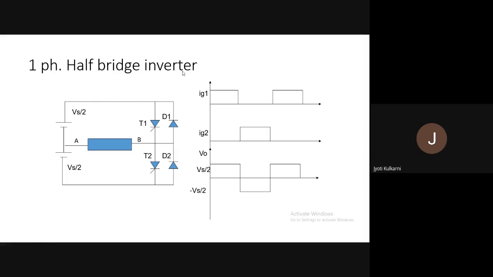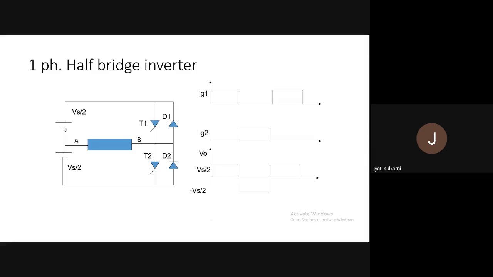So from this junction point, the current will go to the B terminal of the load. From the B terminal it goes through the load and reaches the other terminal, the A terminal of the load, and then back to the negative plate of the upper battery.